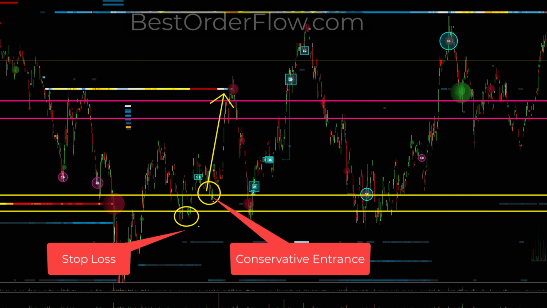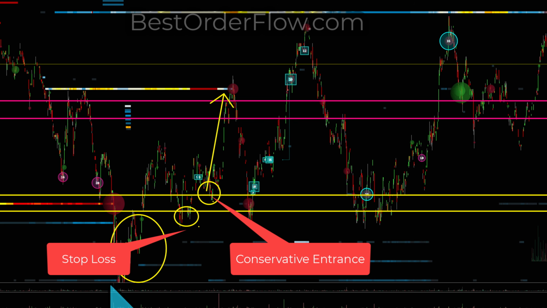It's practically a support over here. So you put your stop somewhere in this vicinity. You don't need to put the stop behind the large breakthrough, the false break. You can put it somewhere in this vicinity.